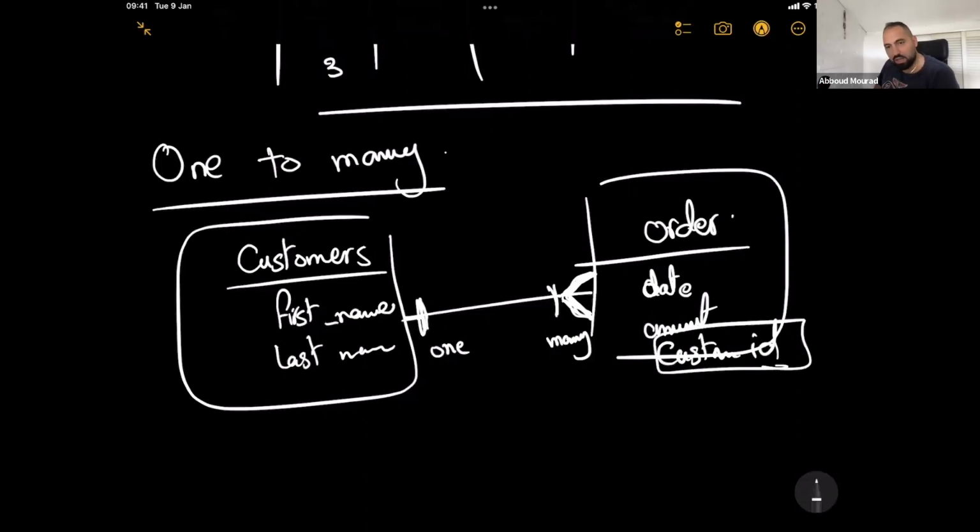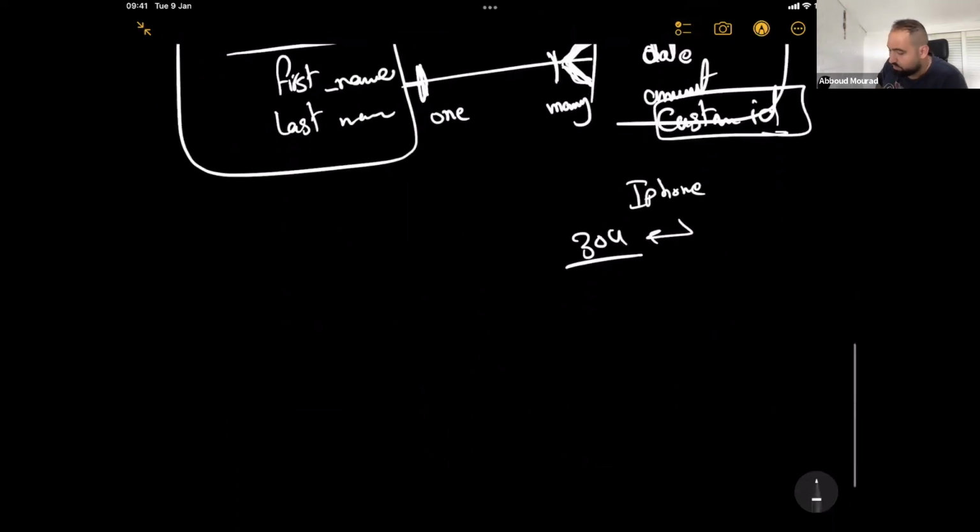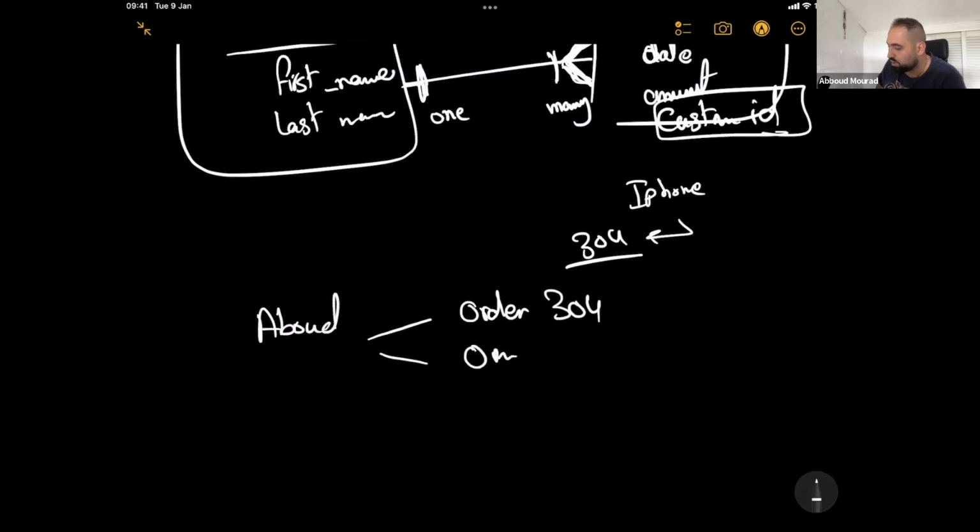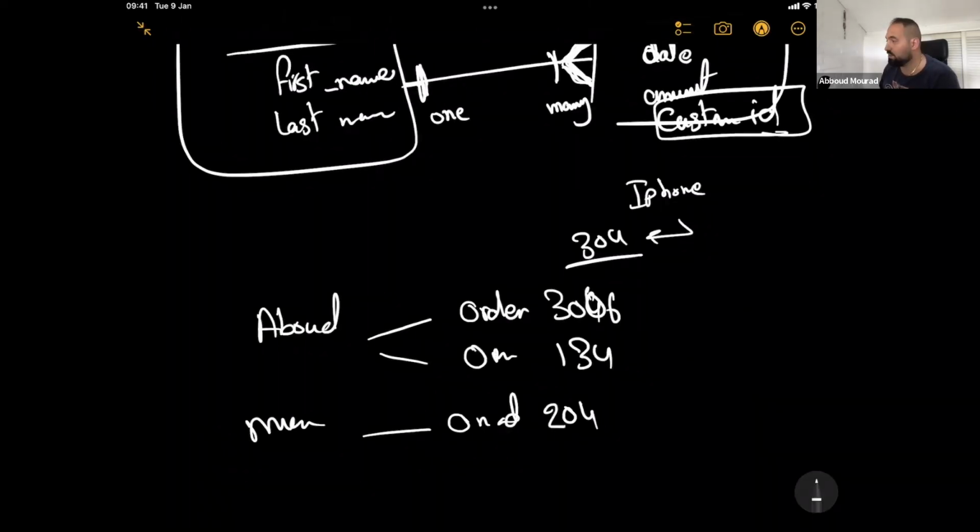Because you want to tell the order, hey, we bought an iPhone, and this is connected to Aboud, number 304. This is the relation between one-to-many. So Aboud can have order number 304, order 300,006, and here 134. And Muhammad can have only one order, for example, 204.